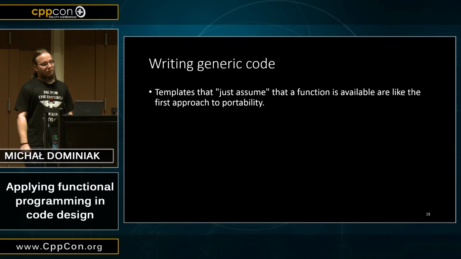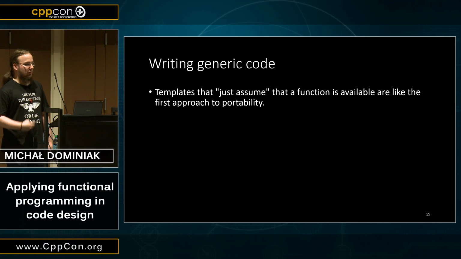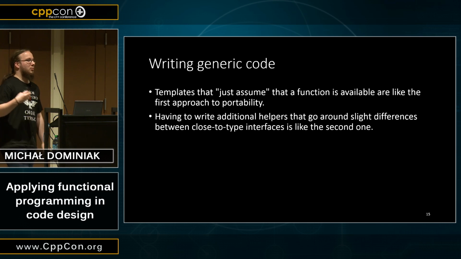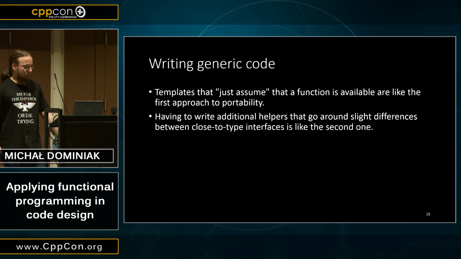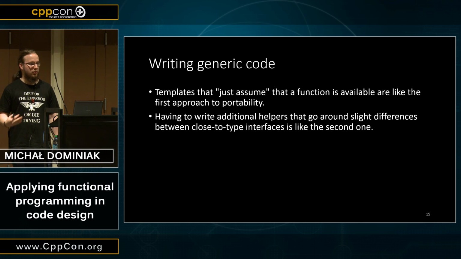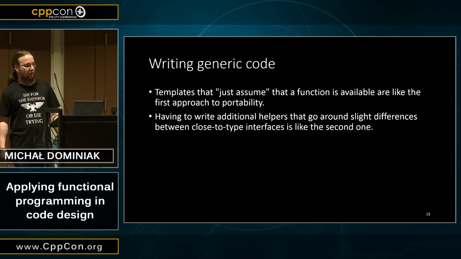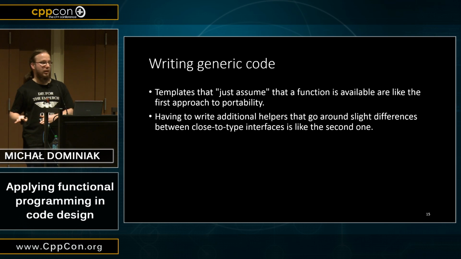And something similar happens when people talk about writing generic code. Some people want to just write a template that will either use a concept, be it an explicit concept with enable_if and type traits, or with the concepts that are incoming, or an implicit one, so just rely on the fact that if we have these functions available, our function will compile.